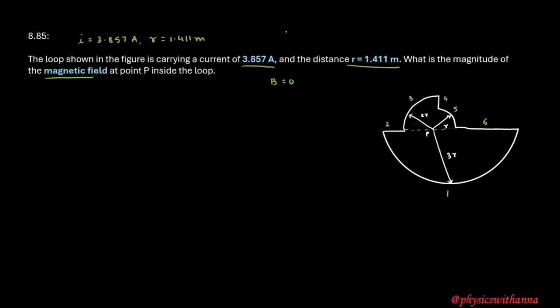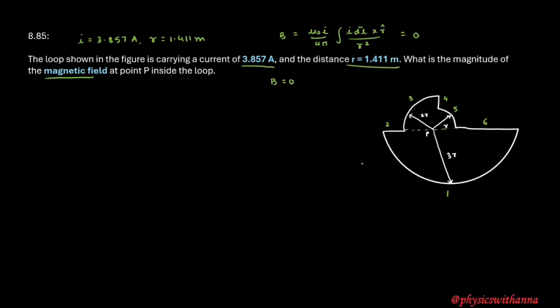Because we know from Biot-Savart's law, magnetic field at a given point can be given as mu naught I over 4 pi integral I dl bar cross r cap over r squared, and this magnetic field will be 0 if I dl and r cap are along the same line, because when they are along the same line the cross product becomes equal to 0. So there will be no contribution to the magnetic field at point P because of segment 2, 4 and 6. So we are left to find the net magnetic field because of 1, 5 and 3.